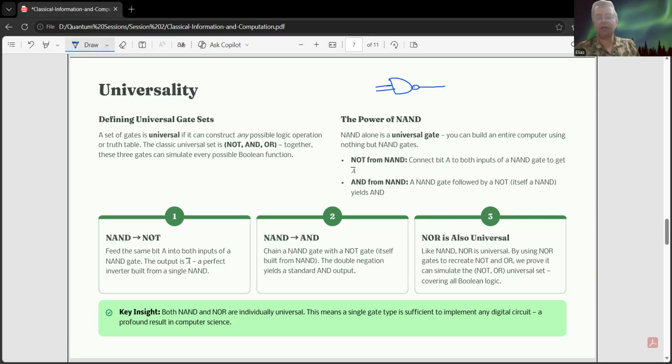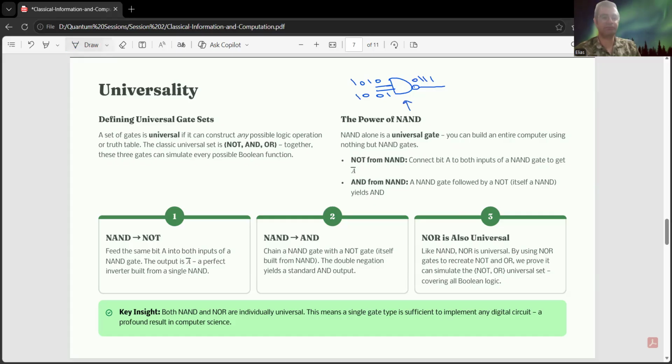If the input is 0, 1, the output will be 1. If the input is 1, 0, the output will be 1. If the input is 0, 0, the output again will be 1. If the input is 1, 1, the output will be 0. This is a NAND gate here.